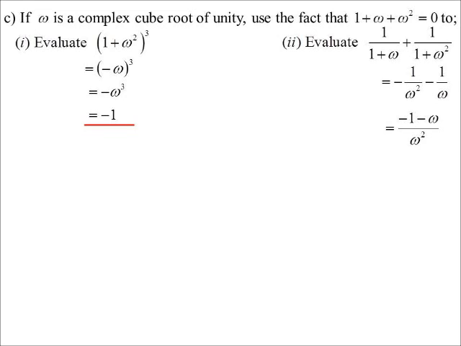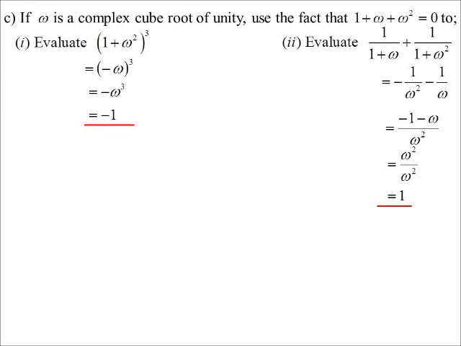So now I'm just saying, what is minus 1 on omega squared minus 1 on omega? Well, the common denominator is omega squared. So the top becomes minus 1 minus omega. But minus 1 minus omega would be the same as omega squared. And so omega squared on omega squared, the answer is 1.